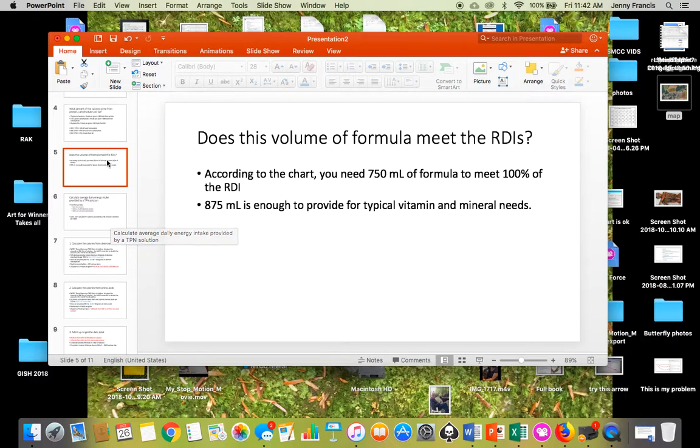Besides following along with my video, this is also covered in the text in the how-to box in your chapter. Box 15.6 in your textbook starts you off on those calculations.